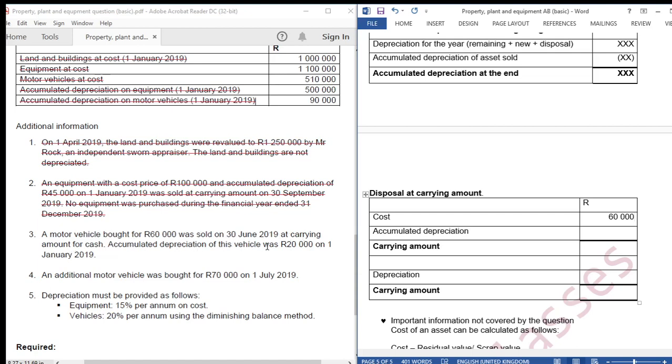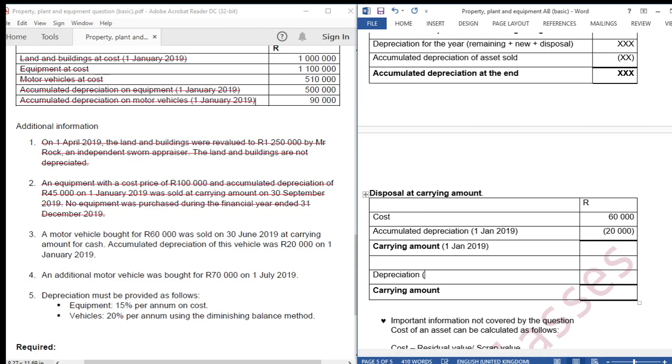Accumulated depreciation of this vehicle was 20,000 on 1 January 2019, because we have subtracted accumulated depreciation until 1 January 2019.